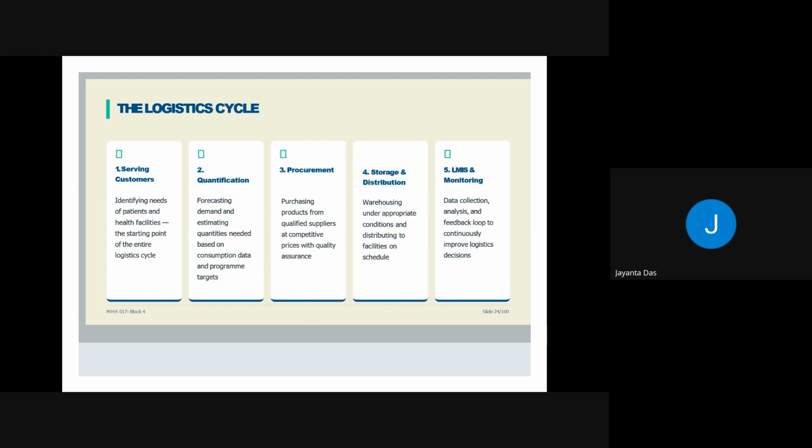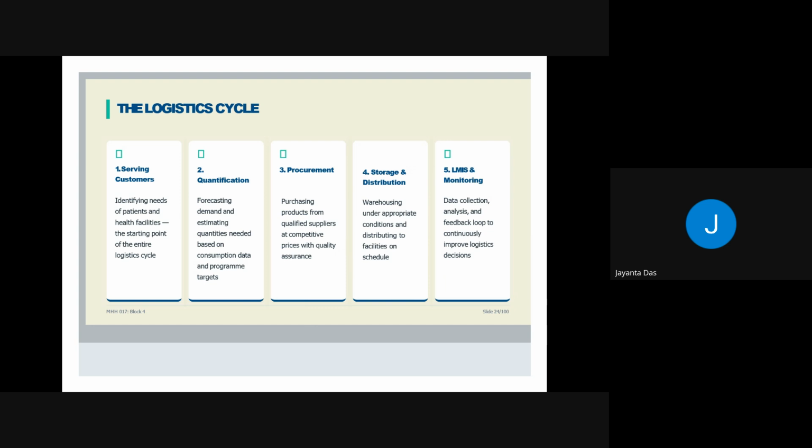So in the logistics cycle, first is serving the customer, that is identifying the need of the patients and the health facilities, and this should be the starting point of our logistics cycle. Second is quantification, that is forecasting demand and estimating the quantities needed based on consumption data and program targets, and how it is to be done we have already discussed in our previous sessions. Third is procurement, that is purchasing products from qualified suppliers at competitive prices with quality assurance.